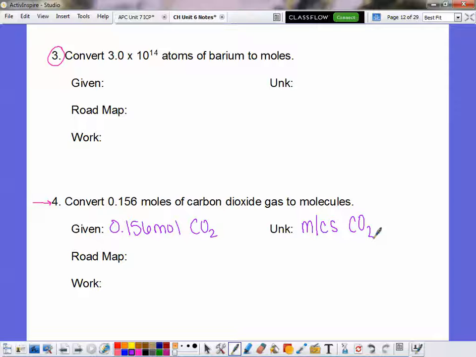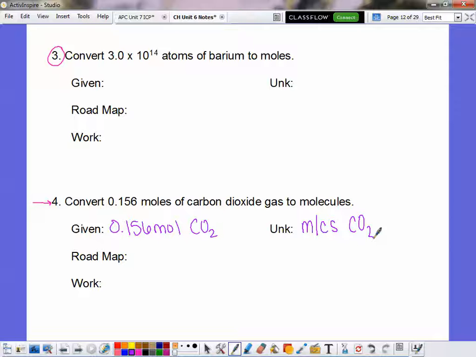If you abbreviate it something other than the accepted abbreviation, please make note of what it is. Define the abbreviation at the beginning of the problem and then you can use it throughout. Kind of like in an English paper, if you shorten something, you have to define the abbreviation first and then you can continue using it further on, right? All right, so that's our unknown.